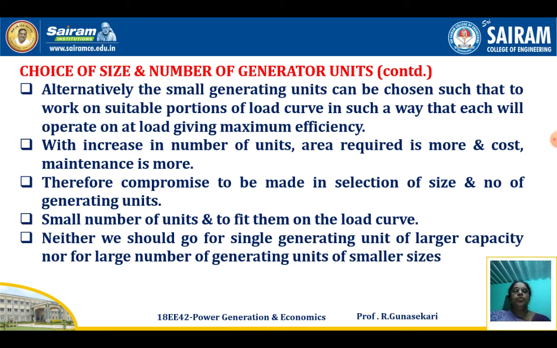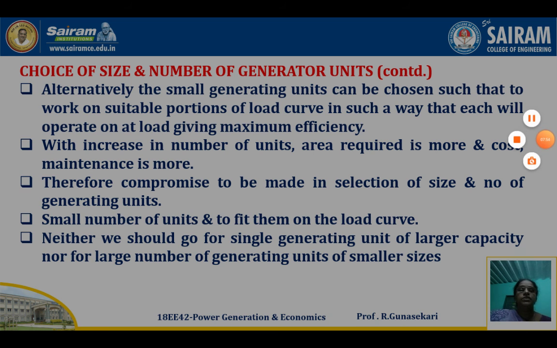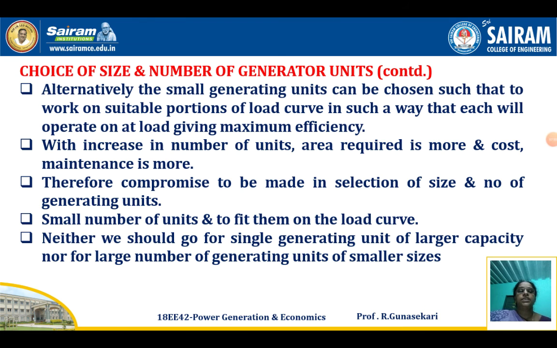Alternatively, smaller generating units can be chosen to work on suitable portions of the load curve in such a way that each will operate at a load giving maximum efficiency. With an increase in the number of units, the area required is more and the maintenance cost is more.